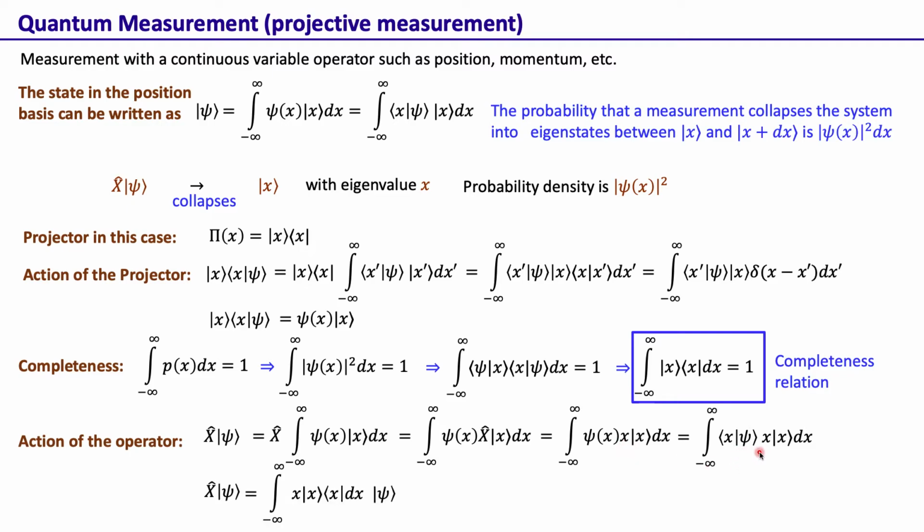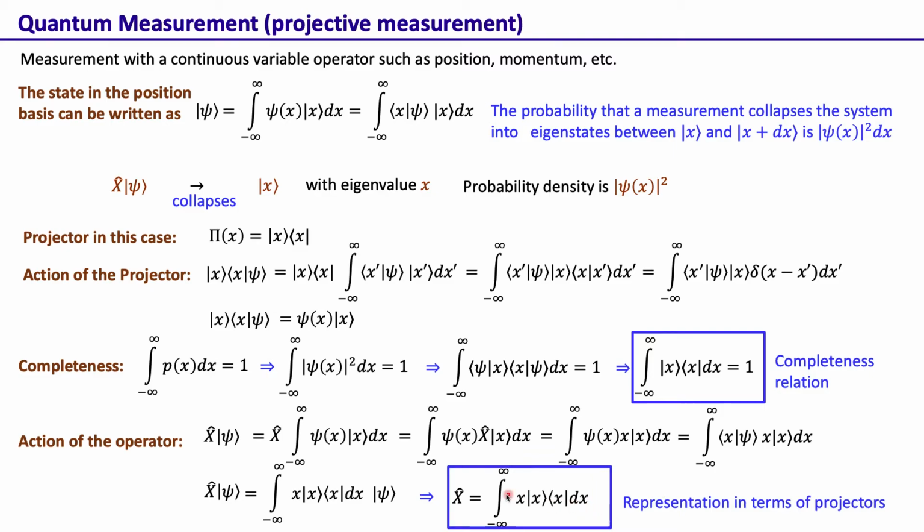And so we can push this psi over there and rewrite it, and essentially what we get is this x operator has this kind of representation. Again, this is exactly the same as what we obtained for the discrete case. So that's the representation of this continuous variable position operator in terms of these position projectors.